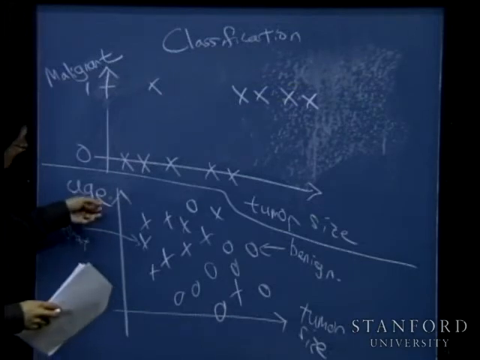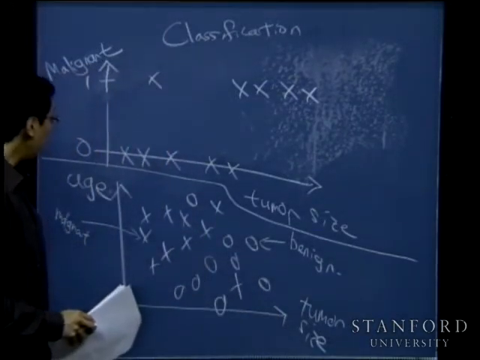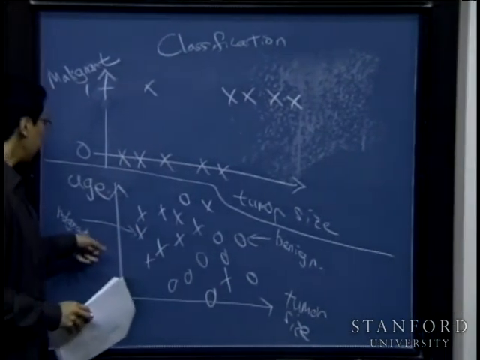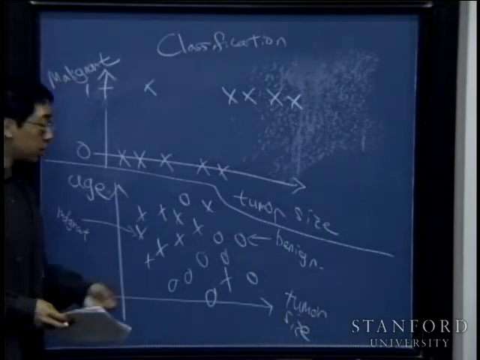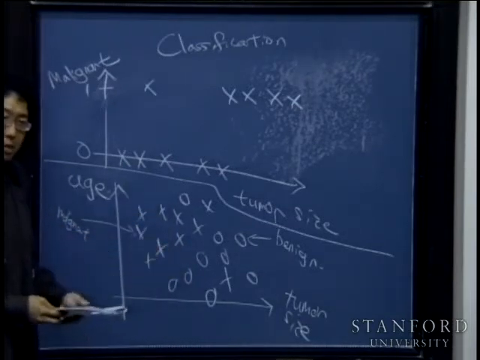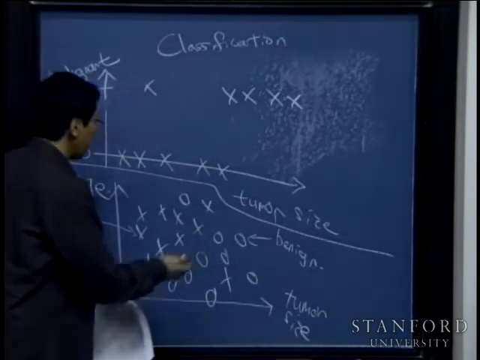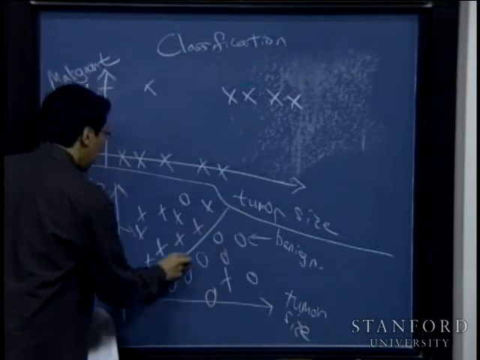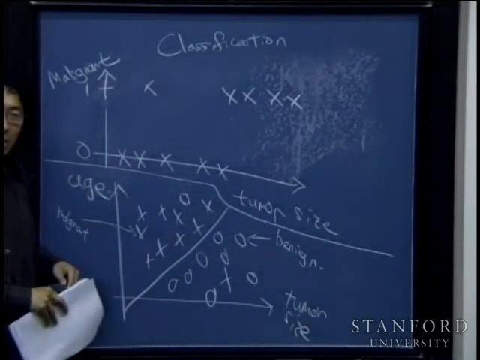comprising patients of different ages and who have different tumor sizes, and where a cross indicates a malignant tumor and an O indicates a benign tumor. And you may want an algorithm to learn to predict, given a new patient, whether their tumor is malignant or benign. Right? So for example, what a learning algorithm may do is maybe come in and decide that a straight line like that separates the two classes of tumors really well.